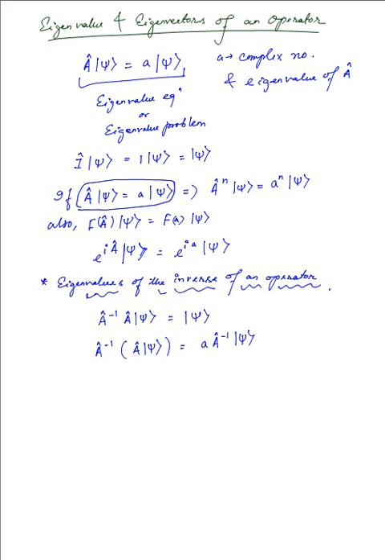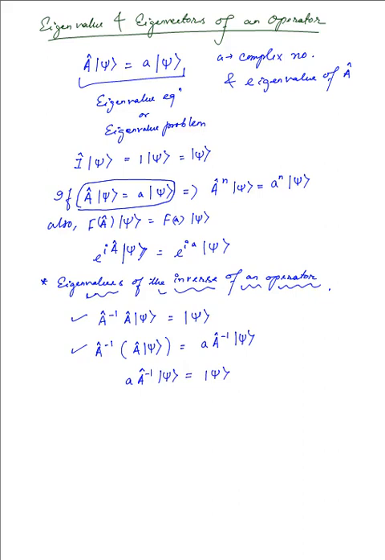And as you know, we have both the cases on the left hand side to be the same, so the right hand side terms have to be the same. So what that means is A multiplied by the inverse of the A operator acting on psi is going to give us psi.